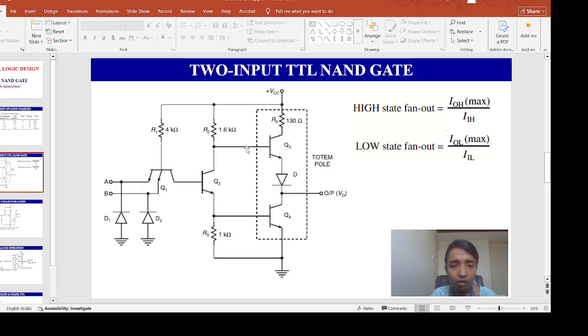Now, we have seen that VBE3 equals VC2. VC2 is the collector voltage of transistor Q2, which equals the base voltage of transistor Q3, which equals 0.7 plus 0.3 volt, which is 1 volt.